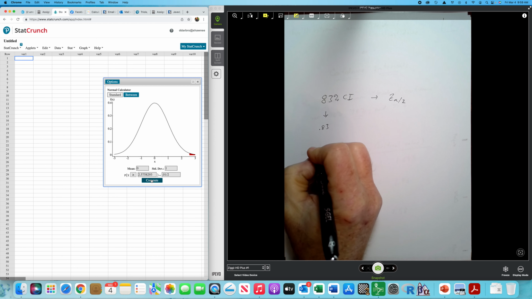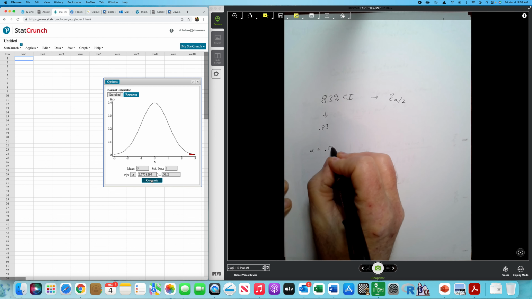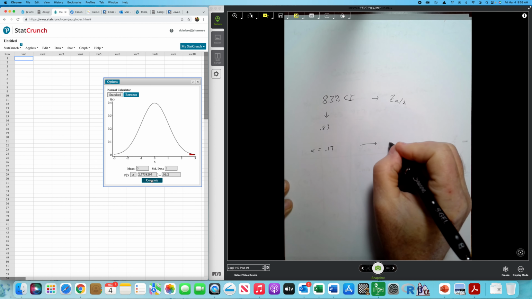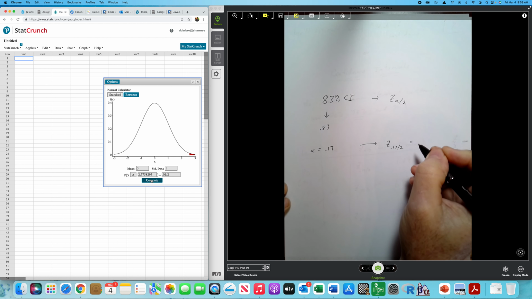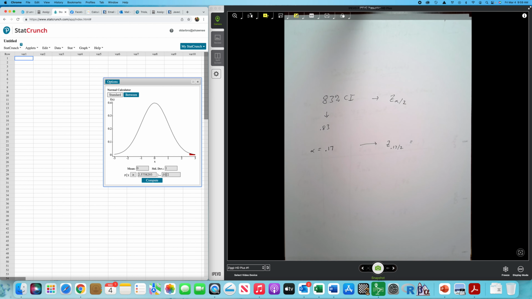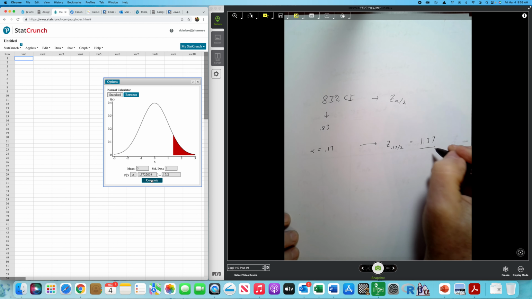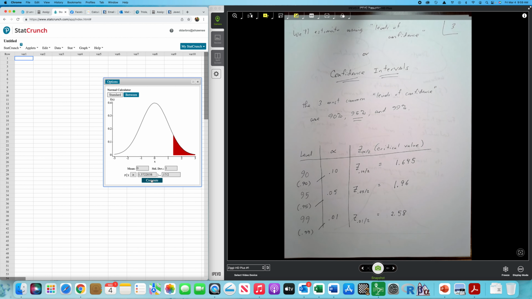Alpha is the number that makes this number plus alpha equal 1, right? This becomes z of 0.17 over 2. That's 1.37. That's all you have to do. Easy for me to say, right? Okay, so let's move on.